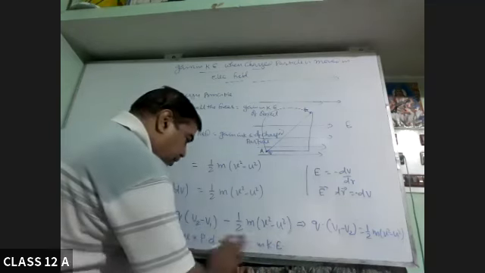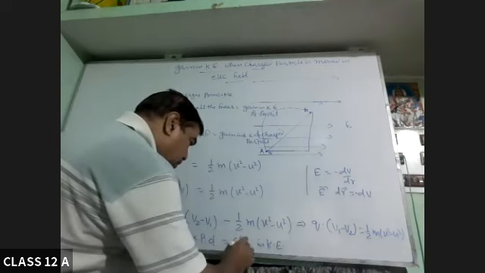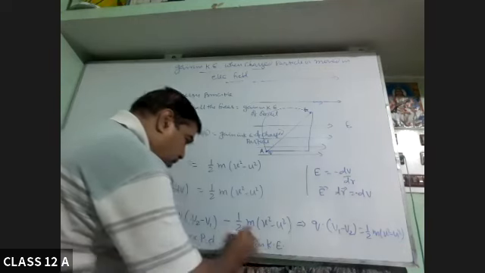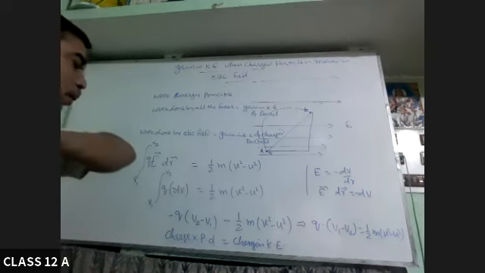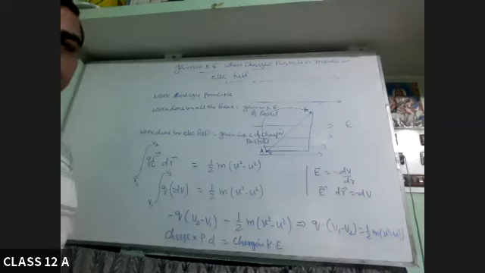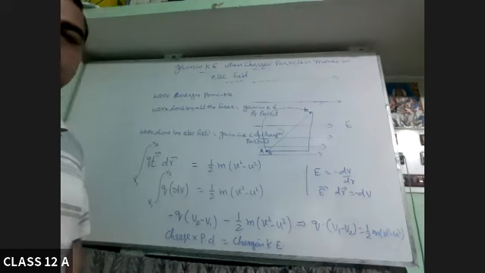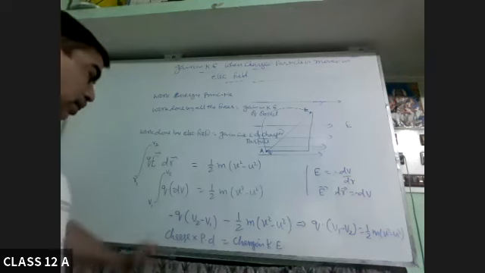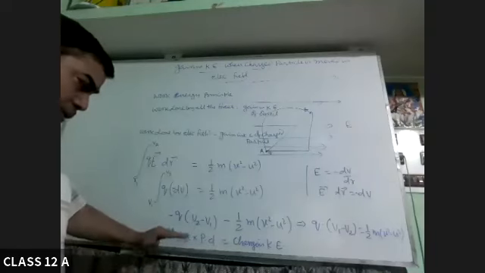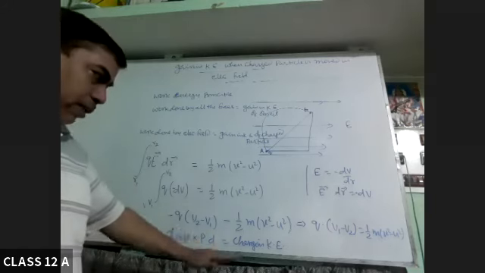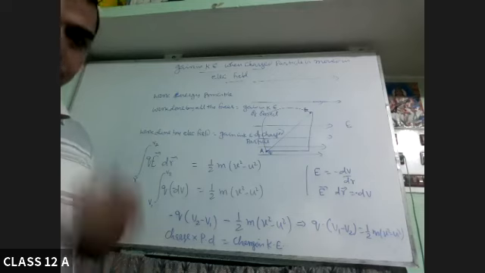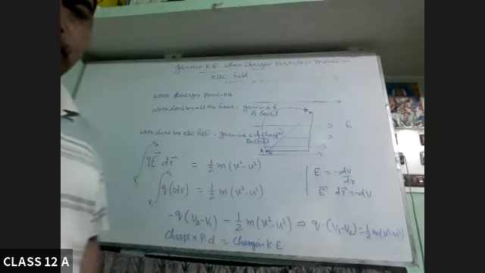Because if a charged particle is moving from higher to lower or lower to higher potential, sometimes it will lose kinetic energy, sometimes it will gain kinetic energy. So this general formula is charge into potential difference will be equal to change in kinetic energy.